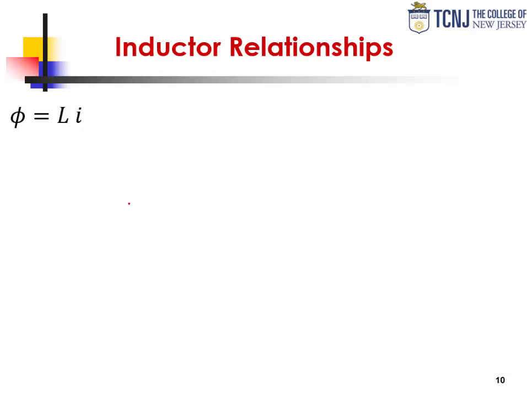If we have a current, we know from physics that if we have a current run through a conductor, there is going to be a magnetic field generated. So if we have that magnetic field generated due to a current through an inductor with certain inductance, which is the characteristic of the device, that is going to generate certain magnetic flux.